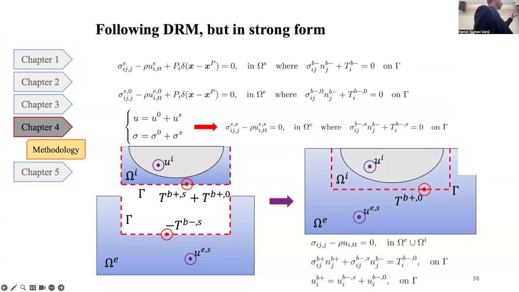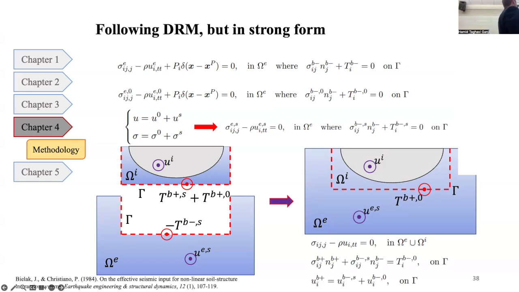And now we can add these two subdomains to each other, and at the interface of these two subdomains, instead of having continuity of displacement and stresses, we have the jump conditions defined in these two equations. A similar notation can be found in the work of Bielak in 1984.